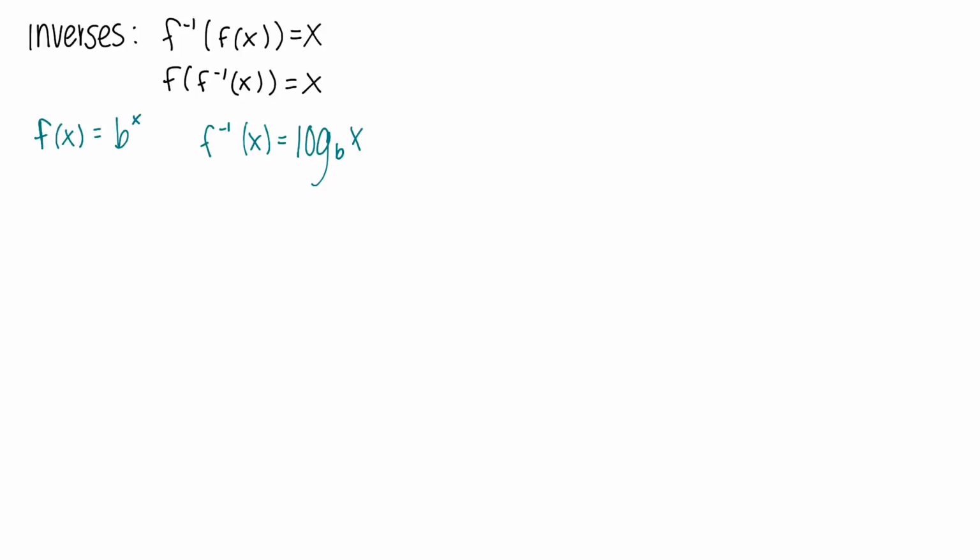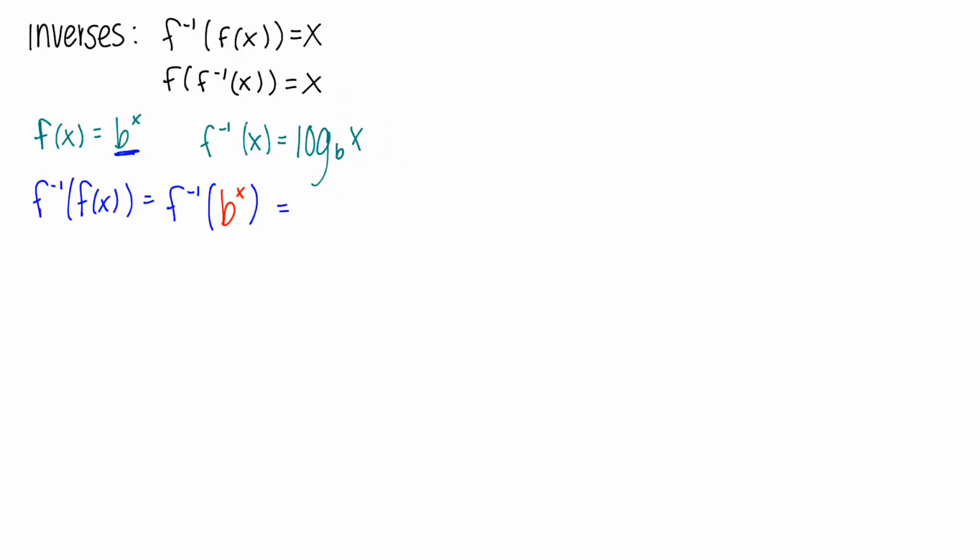So we'll start with f inverse of f of x. So f of x is b raised to the x. So f inverse of b raised to the x. F inverse is log base b of x.